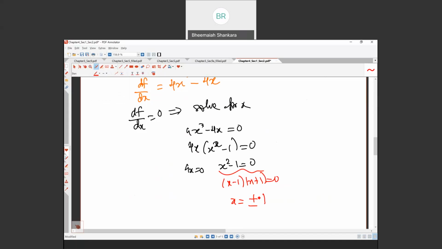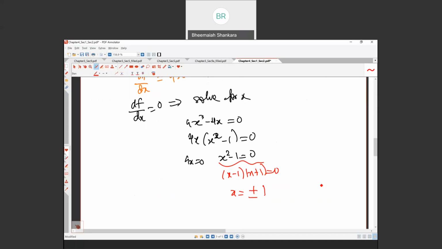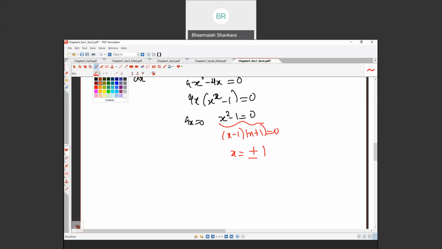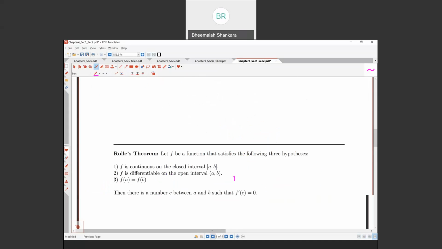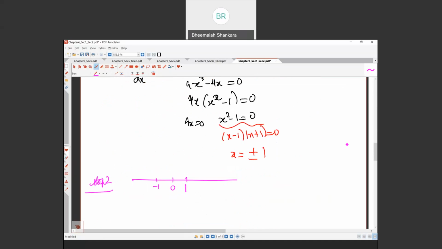So in step 1, our work is to calculate the x values by making the derivative 0 and solving the equation. Then step 2, you want to draw a number line with all those points: 0, you did calculate x is negative 1, positive 1. Similarly, a few values, say x equal to 2, 3, and you have -2 here.